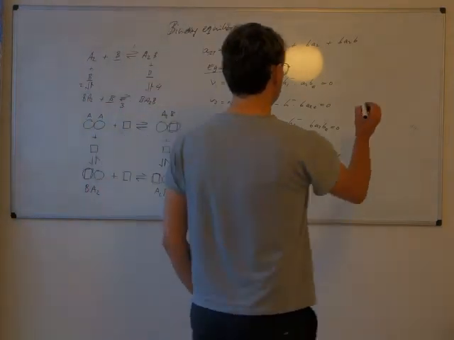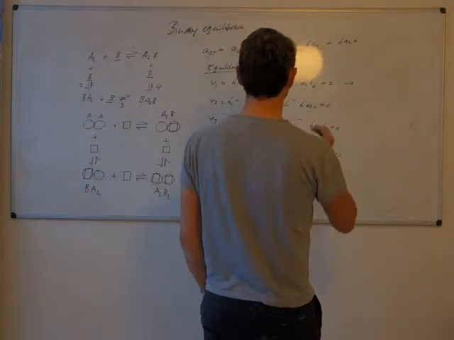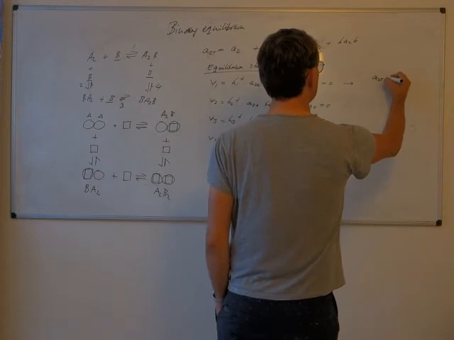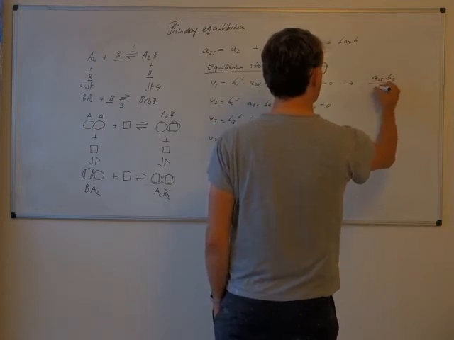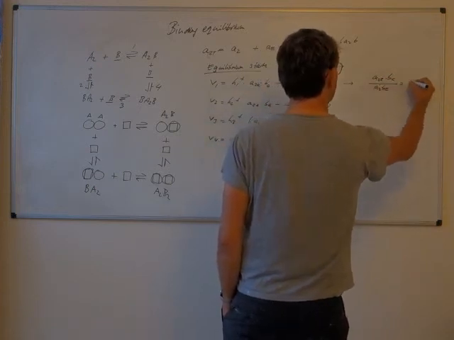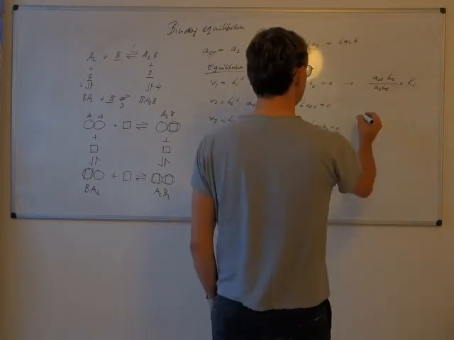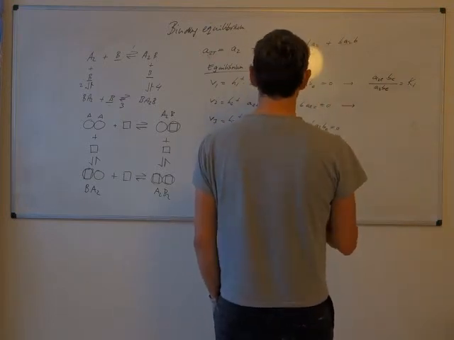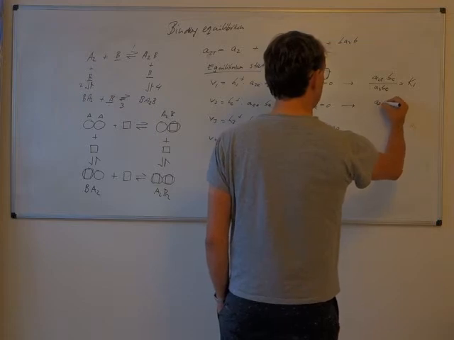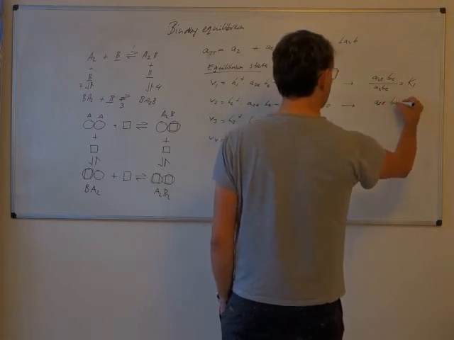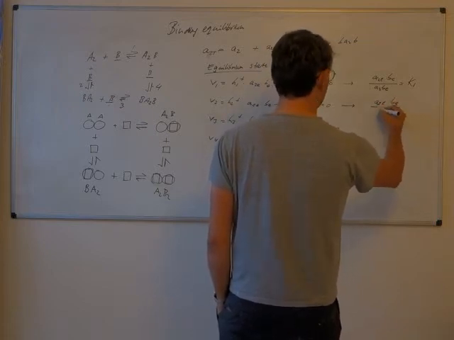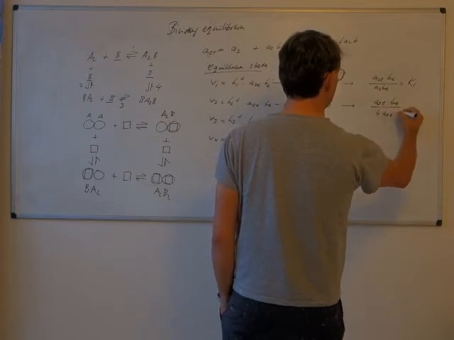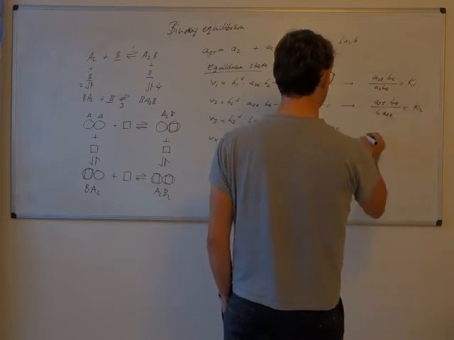And this leads to a definition of an equilibrium constant, which is A2E times BE divided by A2BE, equals our first association constant. And here I have another one, which is A2E times BE divided by the second complex, which is my second equilibrium constant.